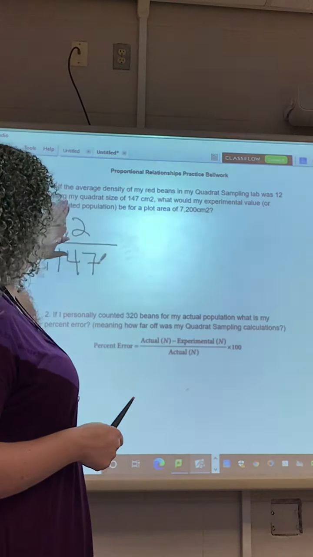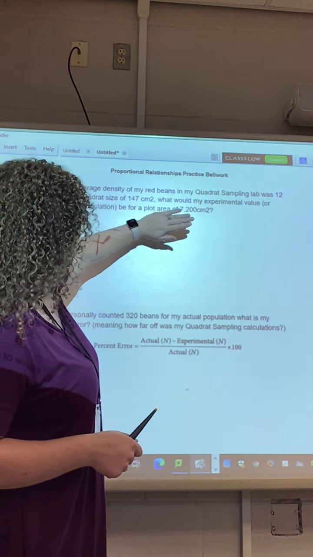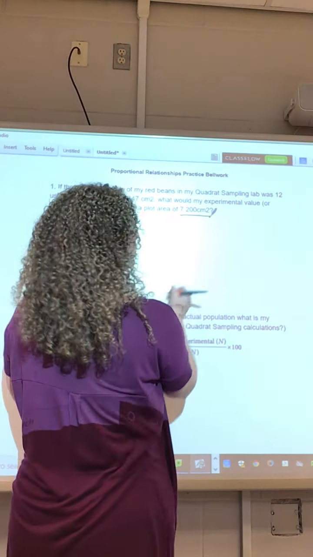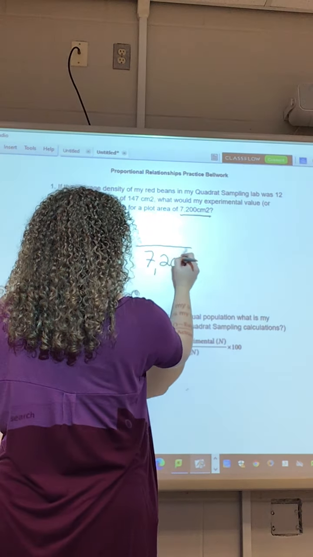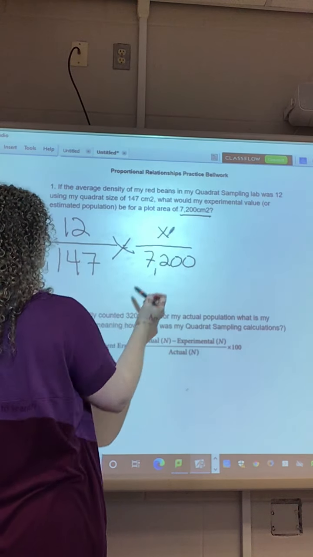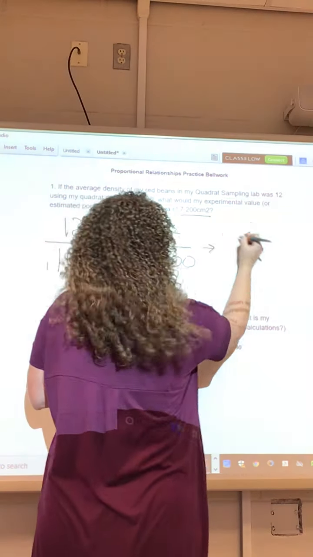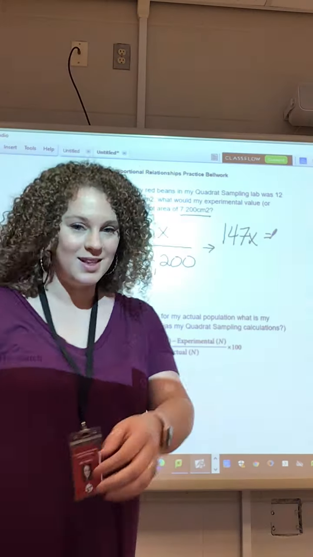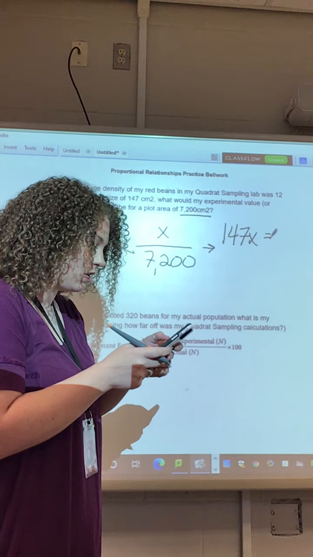So they're saying if I got 12 in this size, what can I calculate to be my amount of red beans in this size of an area? So you just set that equal. And then you just cross multiply because you're solving for x. All right, so you're going to end up with 147x set equal to, let me do the math. I know y'all are tired of me saying that.